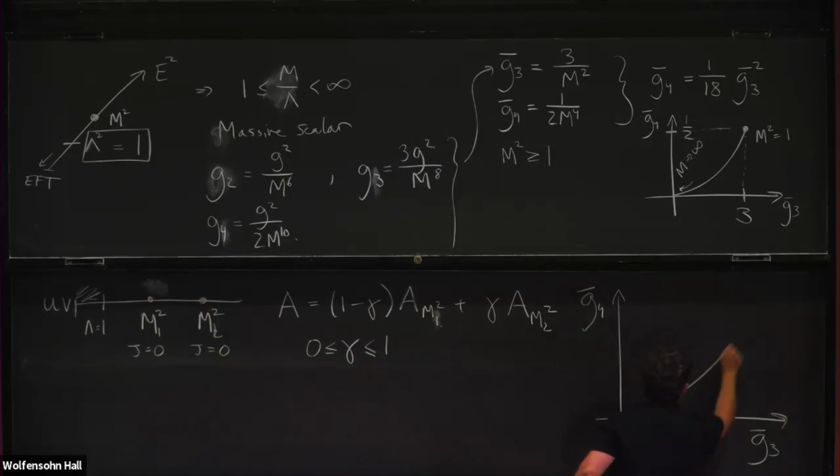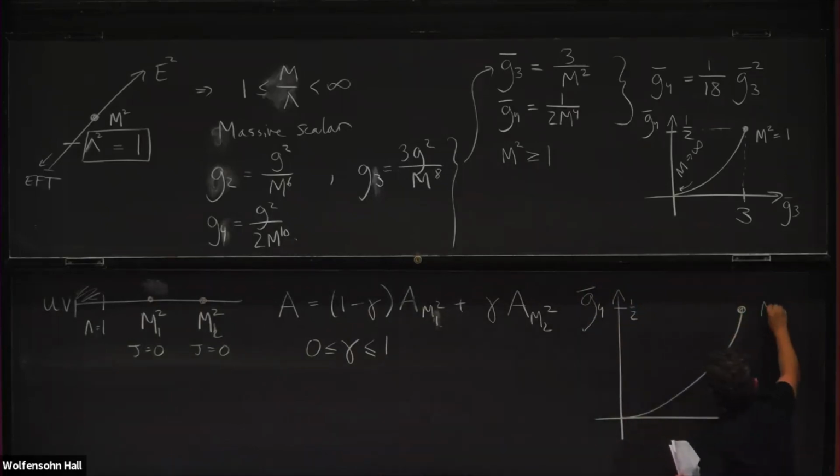Before, I had just one scalar, and it varied between G3 going from 0 to a half, all the way up here. And this was, let's think of this as my M1 mass. This was M1 being 1, and then M1 going down here, or M squared being 1. Now, that means that as I put in 2 extra masses, if I take, yes, go ahead.